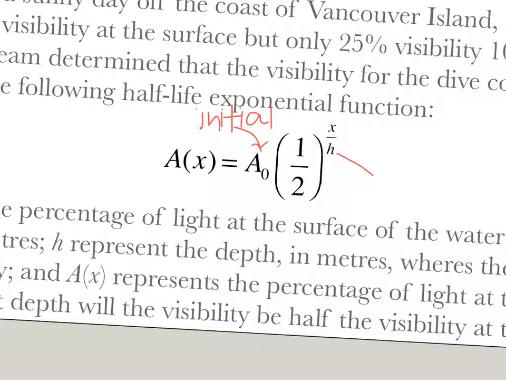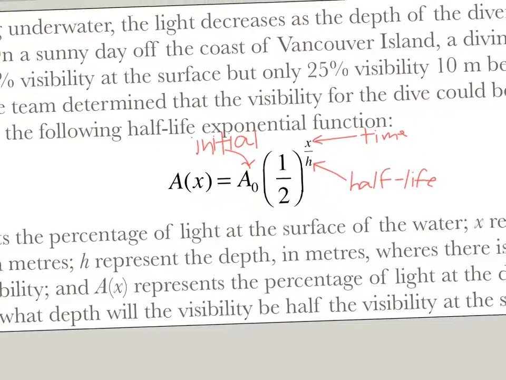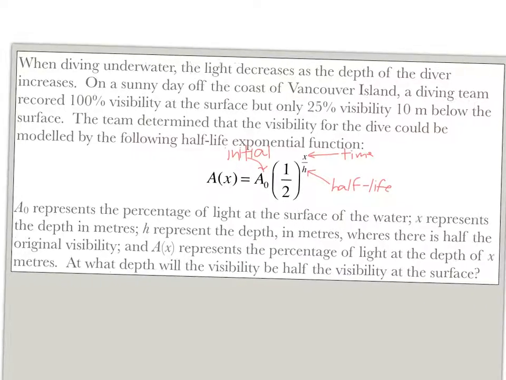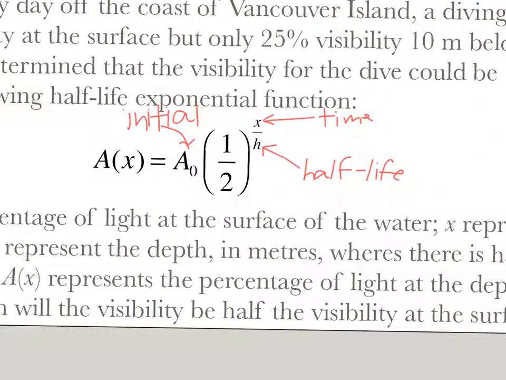H stands for half-life. X is time, and it can be whatever unit we're using. In this case, it's 10 meters, so it's actually not time.